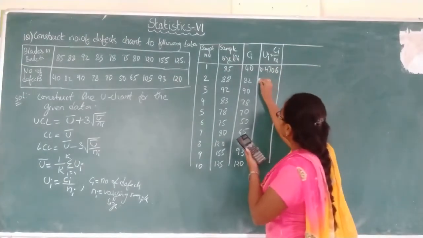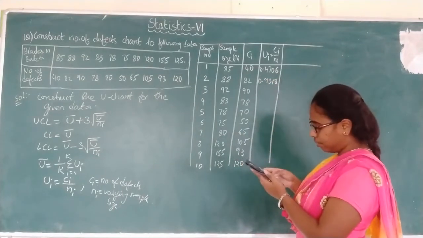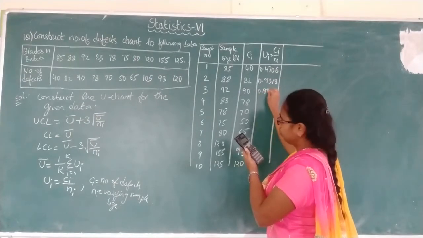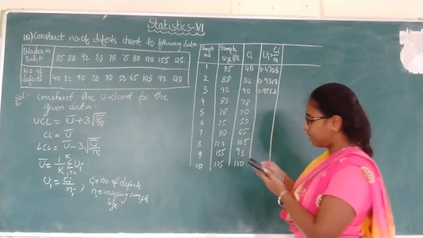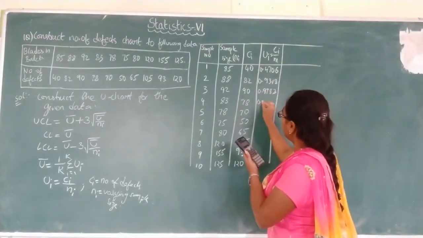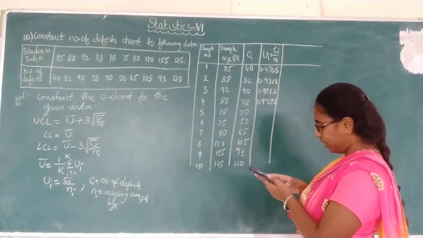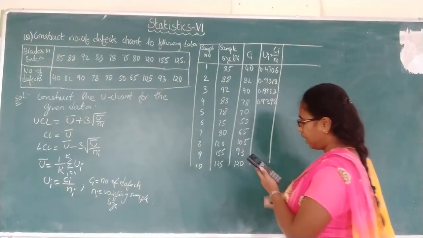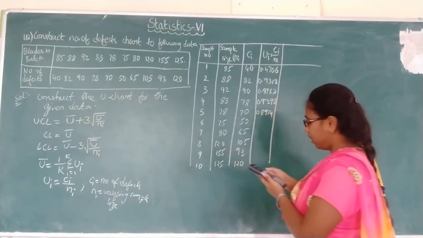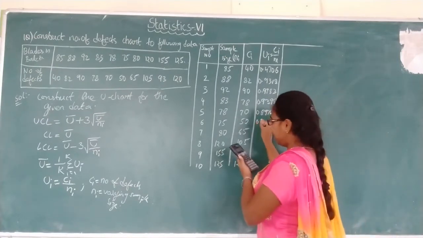The next value is 0.9318. Next 90 divided by 92 gives 0.9783. Next 78 divided by 83 gives 0.9398. Similarly 70 divided by 78 gives 0.8974. Next 50 divided by 75 gives 0.6667.